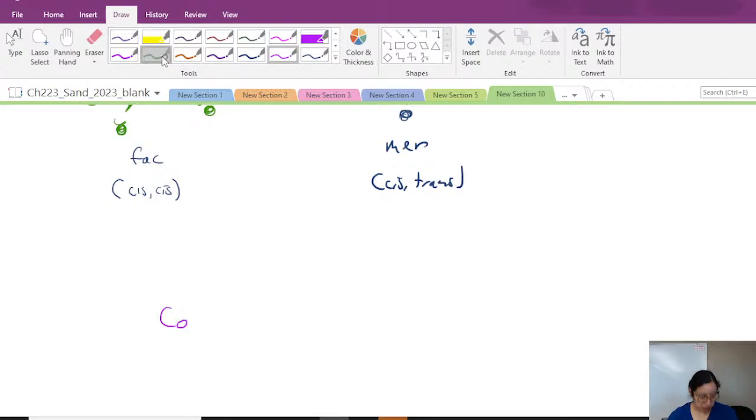So you could get cobalt, and they're either across with your waters in the middle. So there's your trans isomer for that one. And then cis.